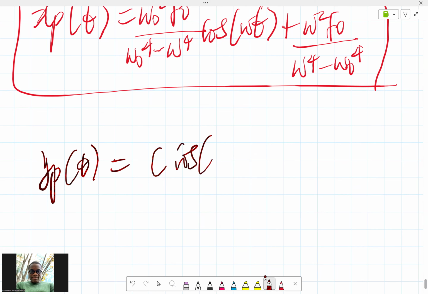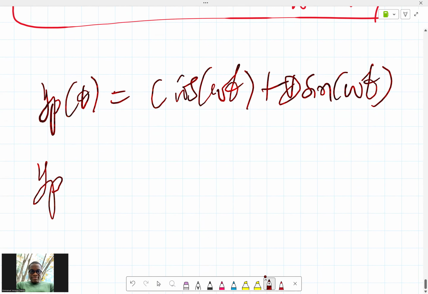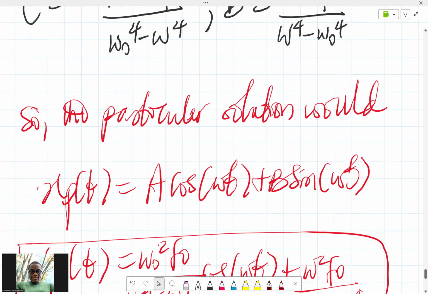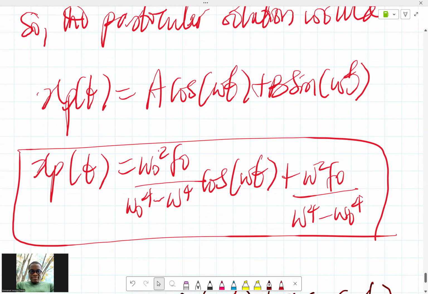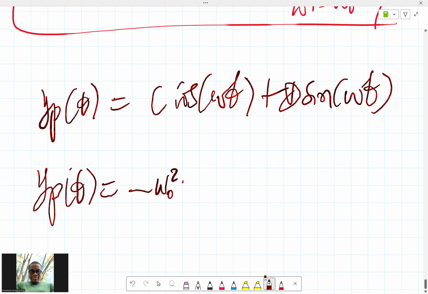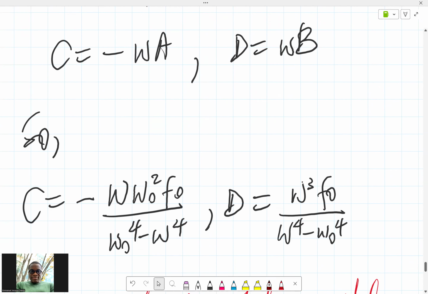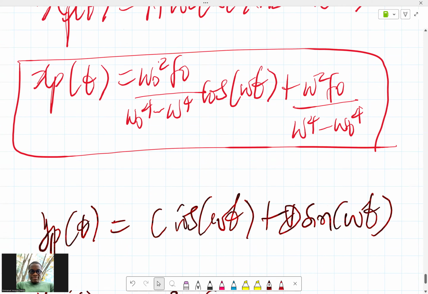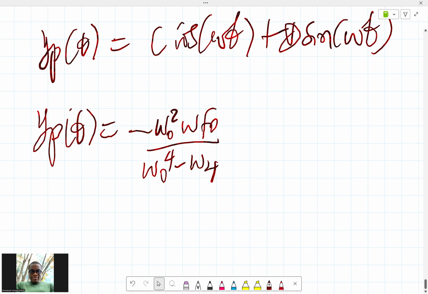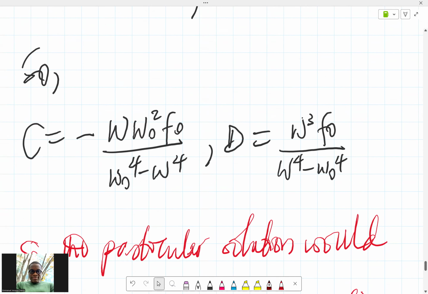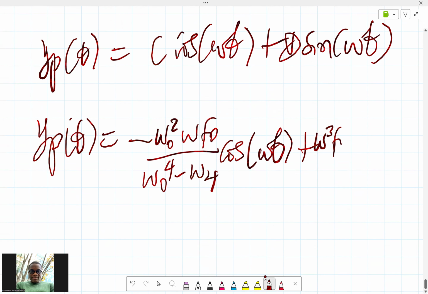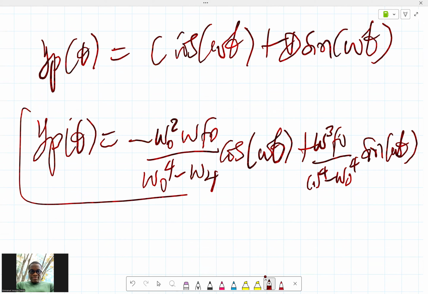That's C cos omega T plus D sine omega T. So we have C to be minus omega naught squared omega F naught all over omega naught 4 minus omega 4, times cos omega T, plus the other one, D, omega cube F naught over omega 4 minus omega naught 4, sine omega T. Okay, so that's YP of T.